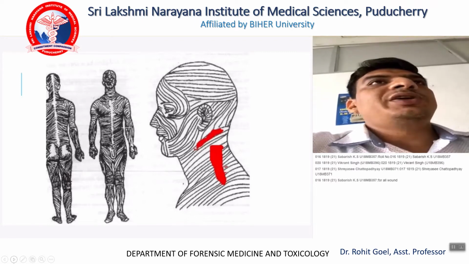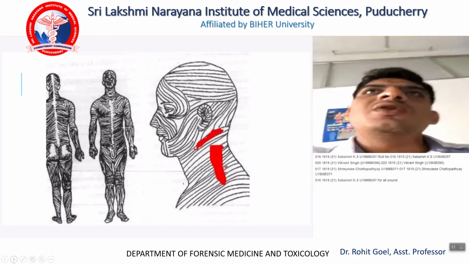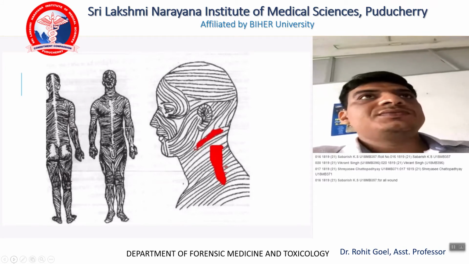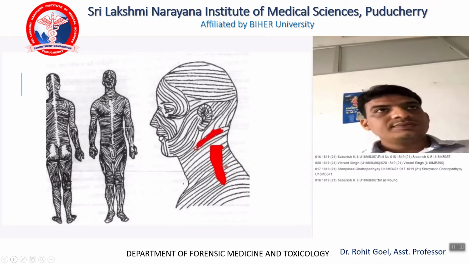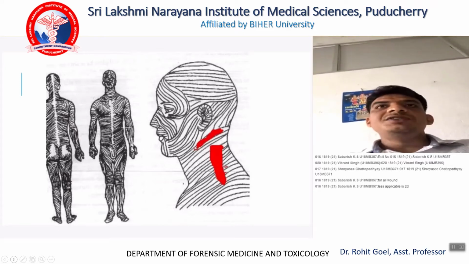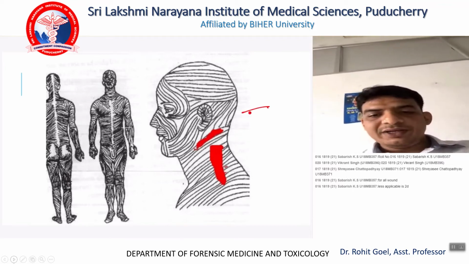So what are the 3D injuries that we see which will have this effect? Will it be applicable on 2D injuries also, like contusion and abrasion? Not applicable in 2D injuries because the depth of a wound should be at least dermis deep.